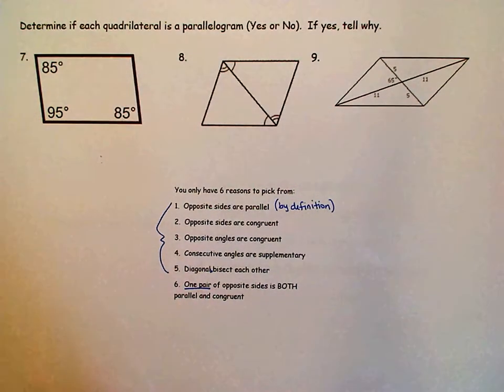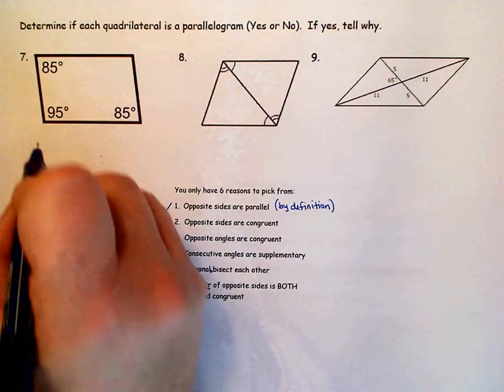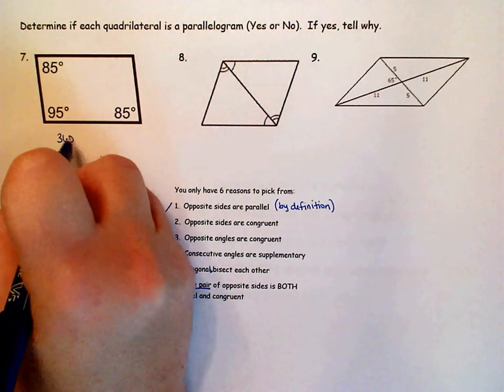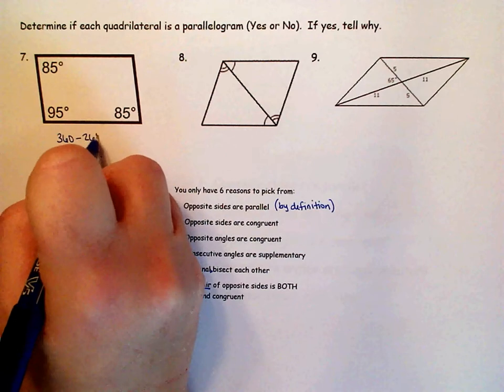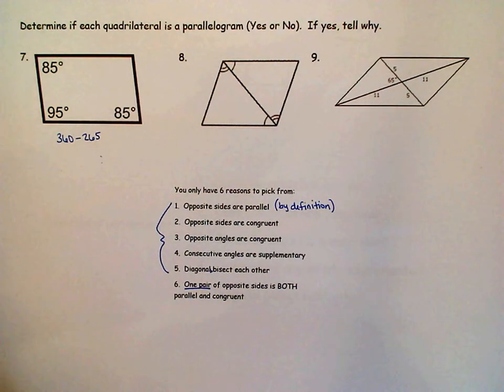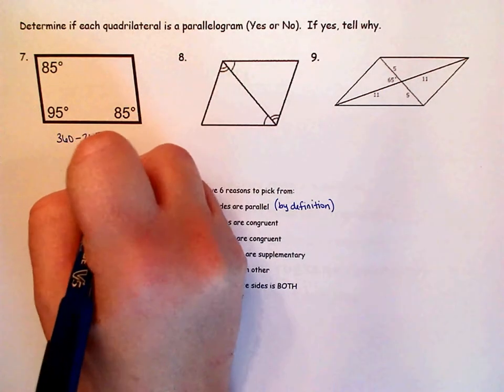So you can add up the 85, the 95, and the 85 together, and you get 265. When you subtract that from the 360, you find that that 4th angle must also be 95 degrees.